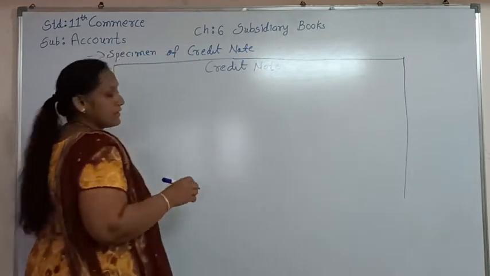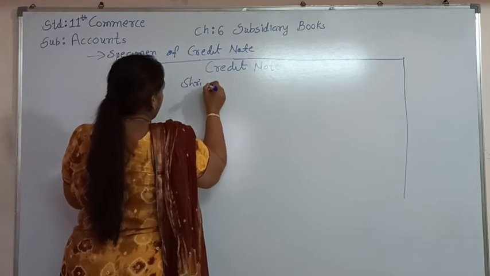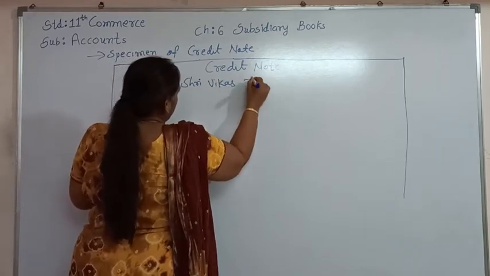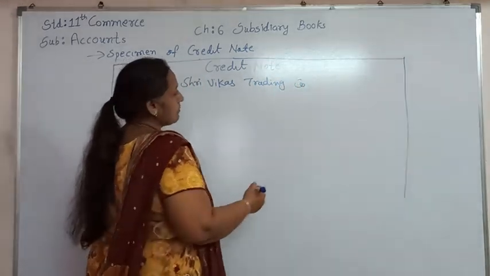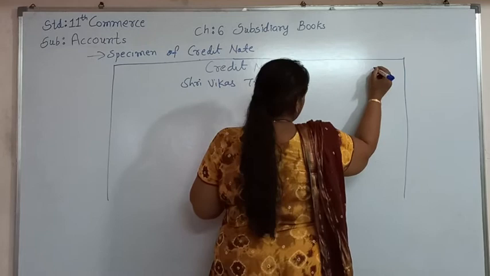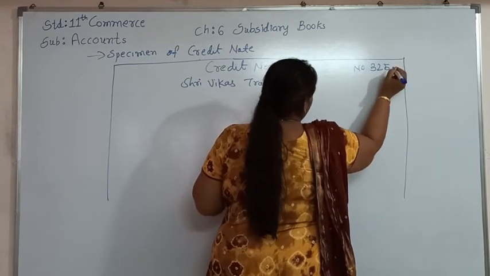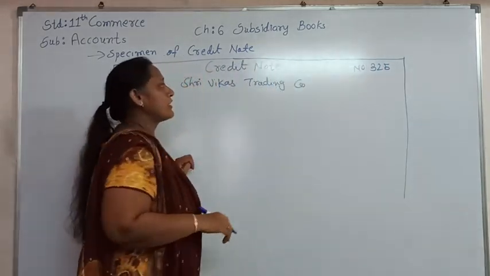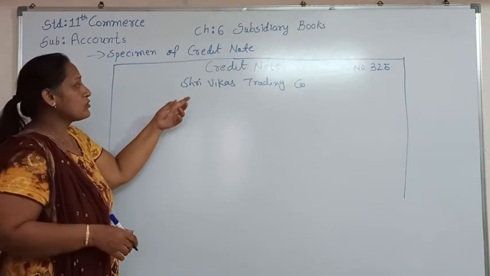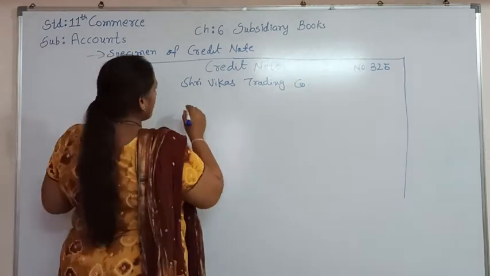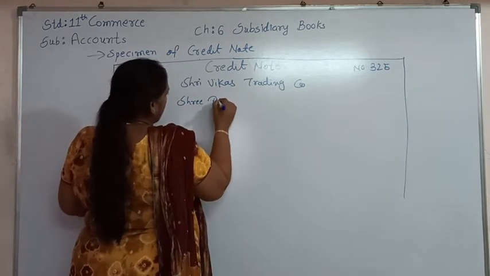Let's say here Sri Vikas Trading Company. And the bill number is also written. Let's say here the number is 325. And here, the person to whom we are going to return the goods, their name is going to be written down, that is Sri Ram Trading Company.